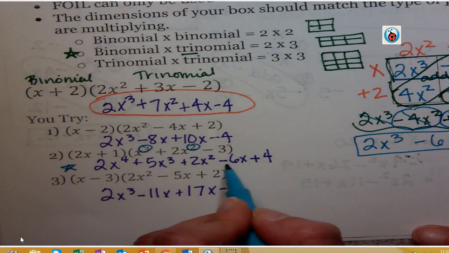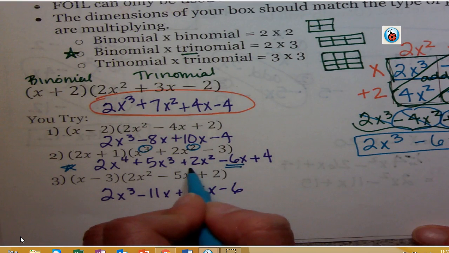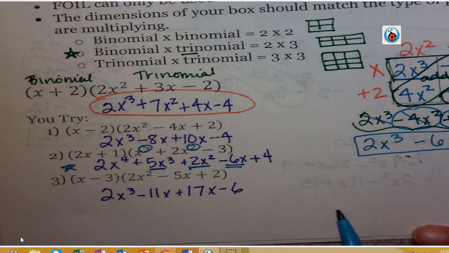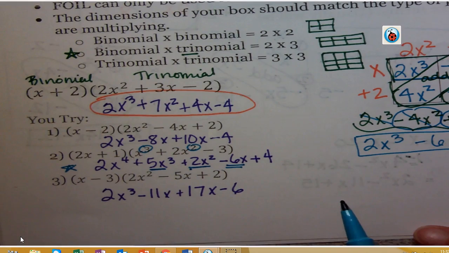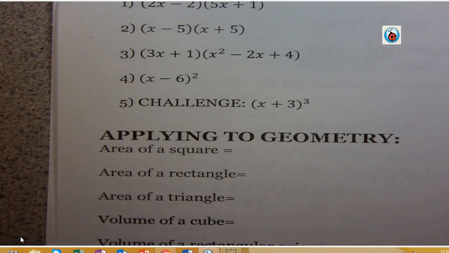Basically, this term could not be combined with anything, and this term, this term and this term could not be combined with numbers. So be very careful with that. Make sure that you're combining your like terms. All right.